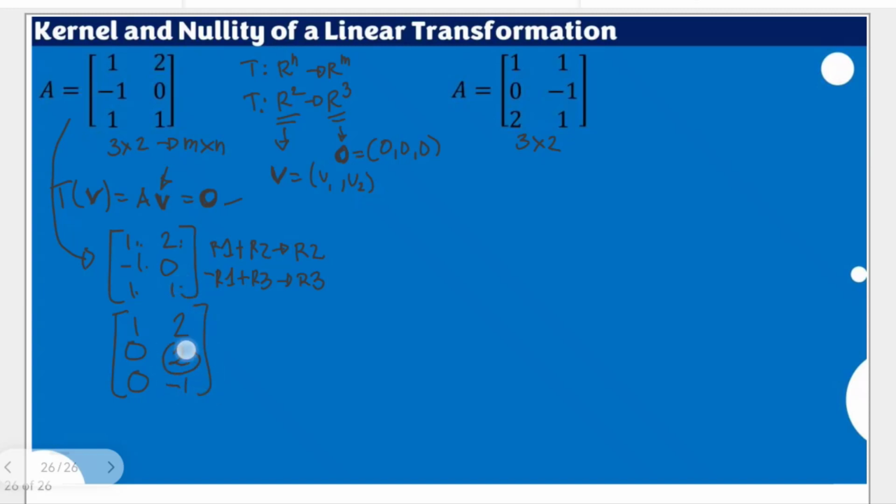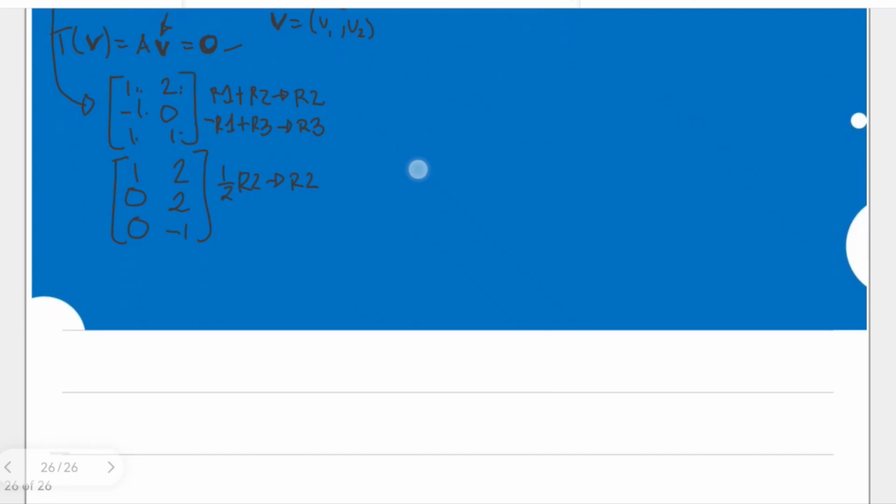Then let's make this leading 1 by multiplying 1/2 to row 2. So we'll have 1, 2, 0, 1, 0, and negative 1 here. Finally, to make this 0, let's add row 2 and row 3 for a new row 3.